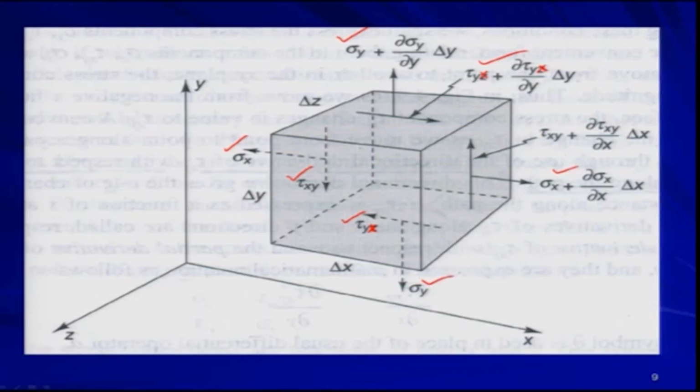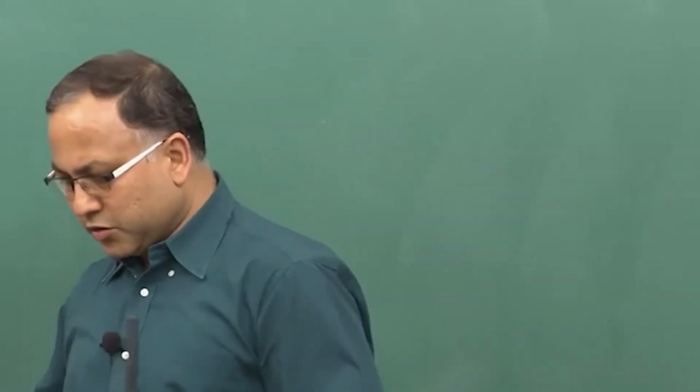Similarly, sigma y is acting on the negative y face, and tau xy plus del tau xy by del x delta x is acting on the positive x face, but along the y direction. So, these constitute four force components acting along the y direction.